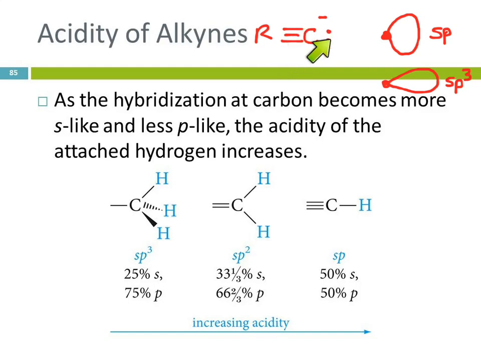Here we've got this extra electron, and this is more stable because the electrons are closer to the nucleus in this orbital than they are in an sp3 orbital. And so the alkyne is more acidic, more able to let go of a hydrogen ion and become a carbanion.